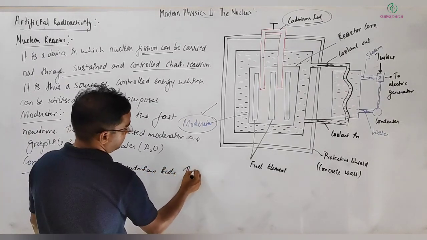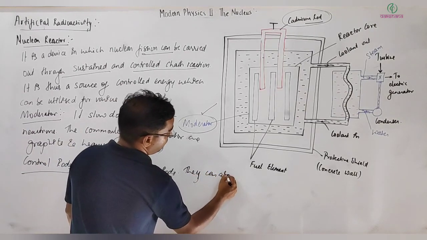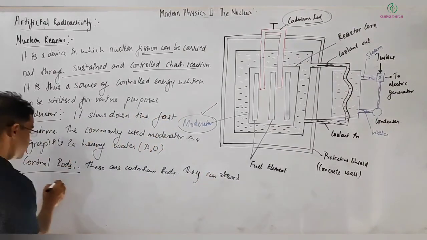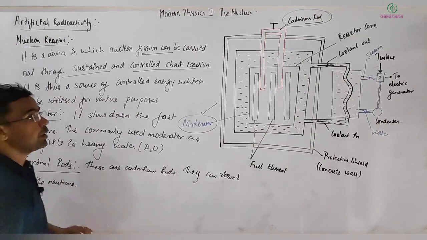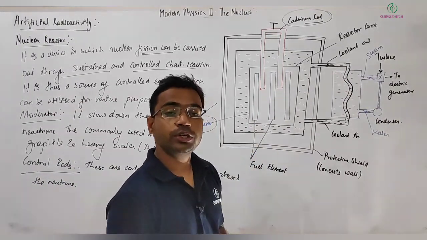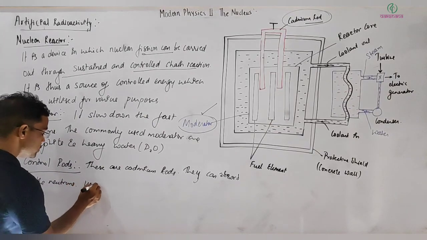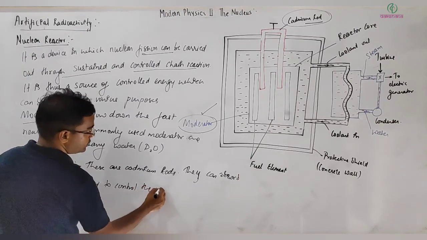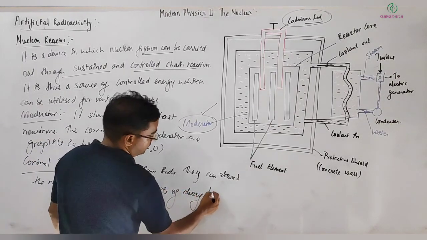They can absorb the neutrons. So cadmium rods are used to control the rate of reaction. Here you can write: used to control the rate of decay or reaction.